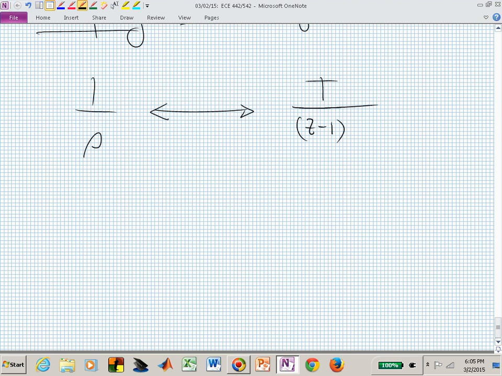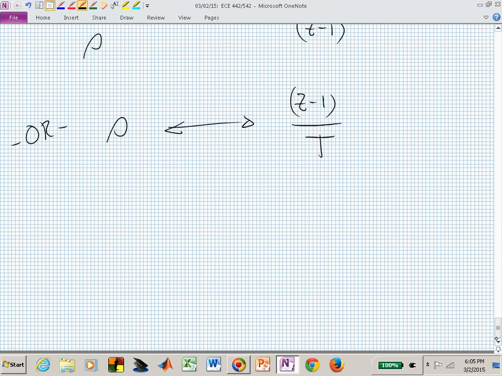Well, 1 over s, we can invert that if we wanted to think about what is s in terms of z. We can just say, let's invert that, and now s is related to the inverse of the right-hand side, or it's now the quantity z minus 1 over capital T.